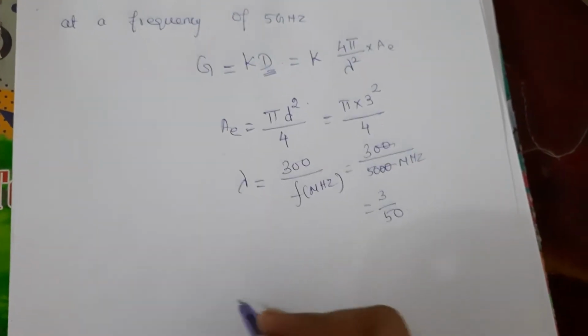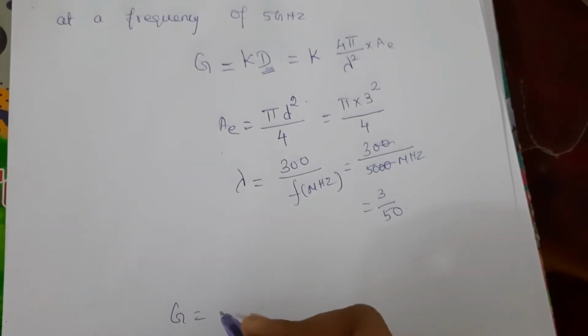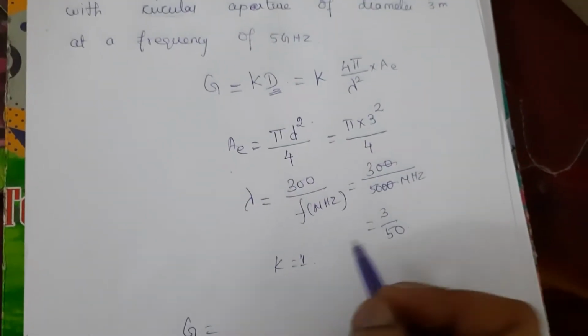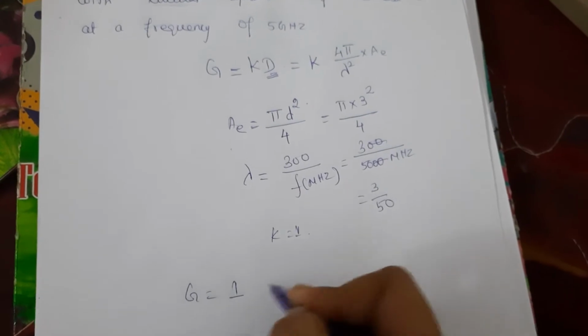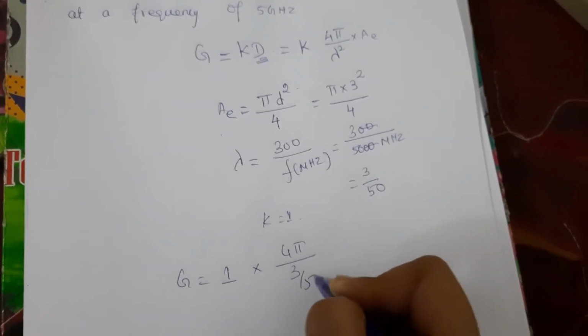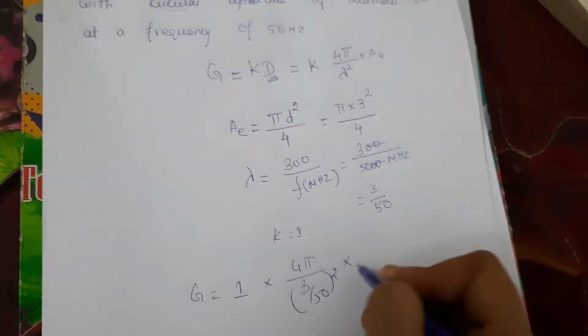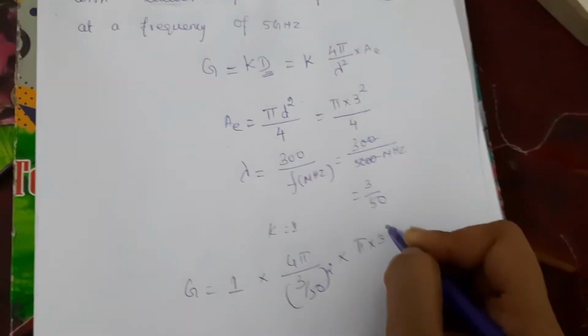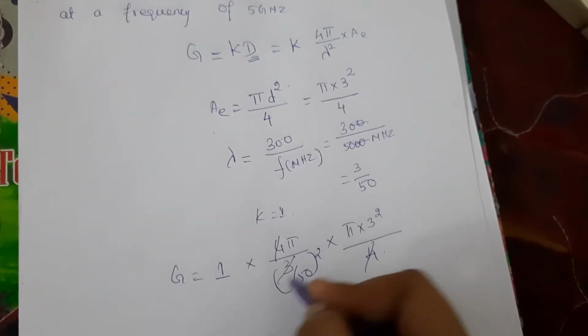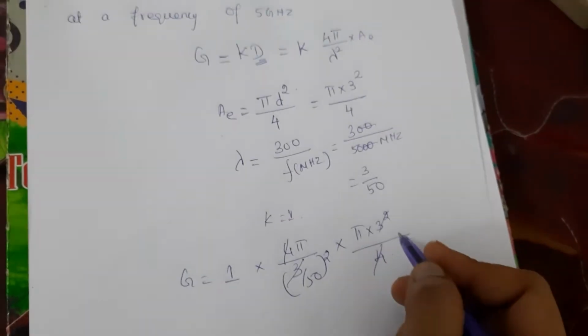So put all the values in the formula, and here K is equal to 1, so consider there is no loss. So 1 into 4 pi divided by 3 by 50 the whole square, into pi into 3 square divided by 4. This 4 gets cancelled, and this 3 square and this 3 square get cancelled.